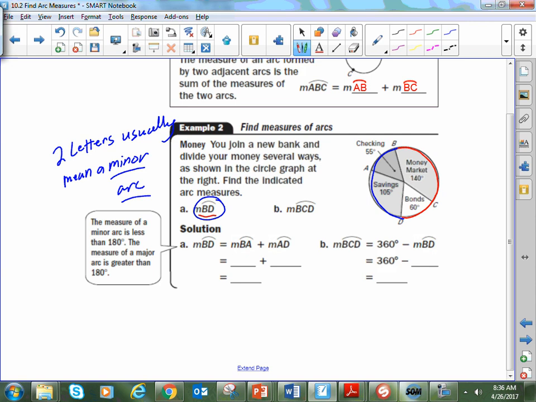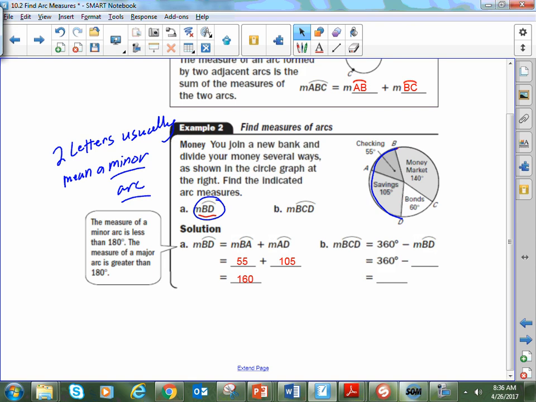Generally, if an arc is only using 2 letters to name it, it's usually going to refer to a minor arc. And I won't say that is 100% of the time because I have occasionally seen, and it's very rare, major arcs that just use 2 points. So in this case, the arc from B to D would be the arc that I have outlined here in blue. So you just add those 2 arcs together, and we get 116 degrees.